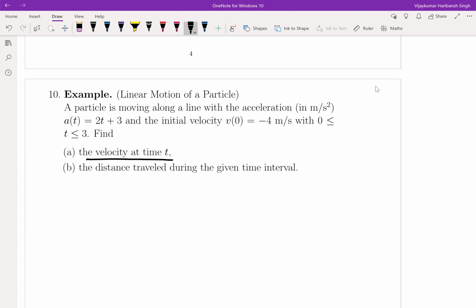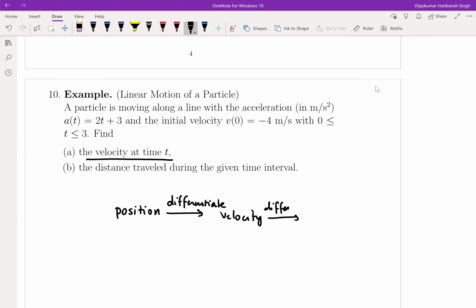So note the following. If you start with position and differentiate, you get velocity. And if you further differentiate, you get what?